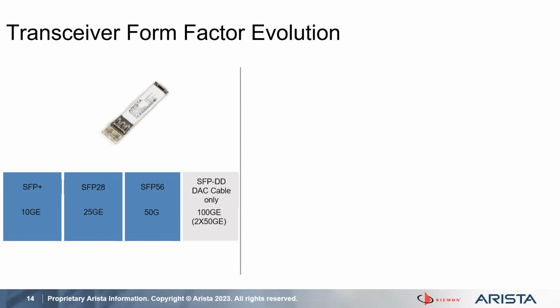So the Plus, the 28, the 56, and as Salman mentioned, the new form factor in this family is the SFP-DD. So as with the X4 platform that Arista has, as he mentioned, currently that is available just with DAC cables today. So this is for, again, 100 gig. But likely down the road there will be optical options as part of the specified SFP-DD MSA.